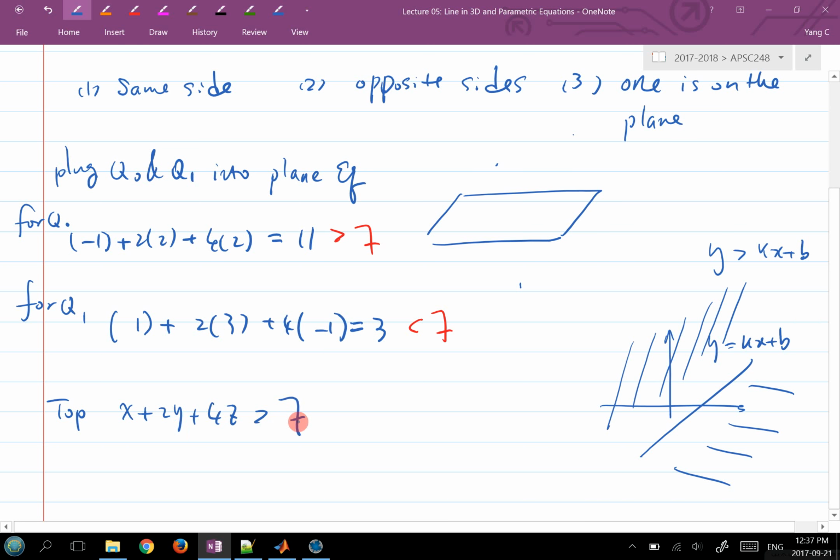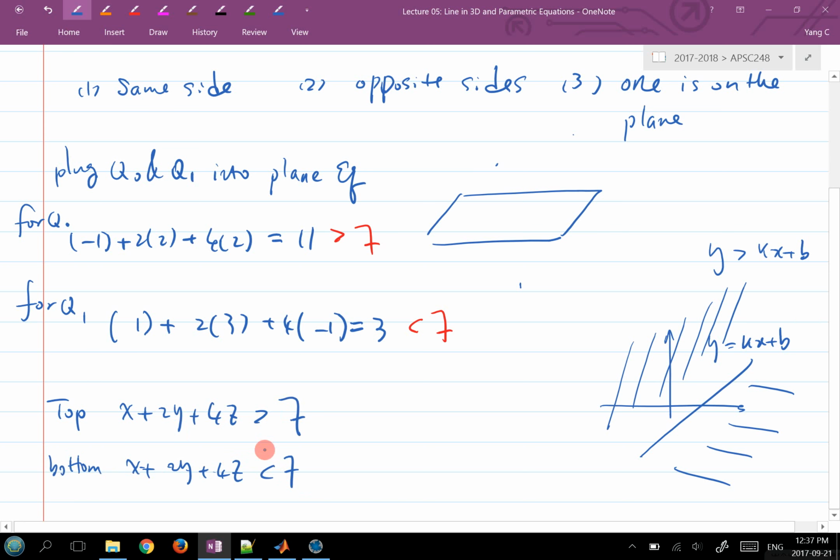Or the bottom would be x plus 2y plus 4z less than 7. So the whole 3D space can be separated into two regions, one top and one bottom, and you can represent that using these inequalities.